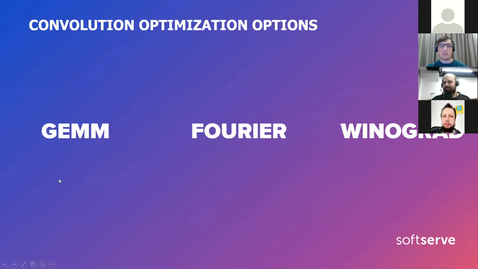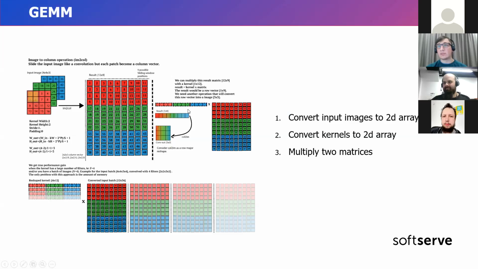There are a lot of different algorithms for convolution optimization, but three of them are the most popular: GEMM, Fourier, and Winograd. Let's start with the GEMM algorithm. Basically, the image is presented as a three-dimensional array with RGB channels: red, green, blue.